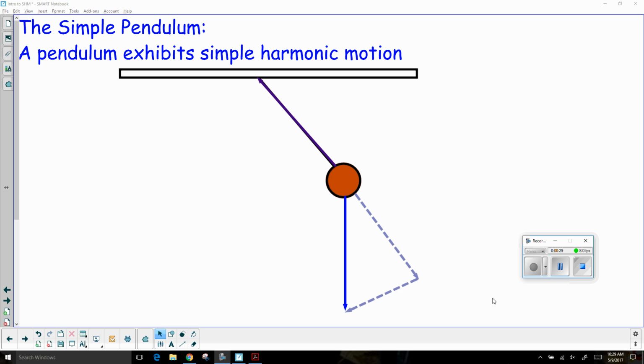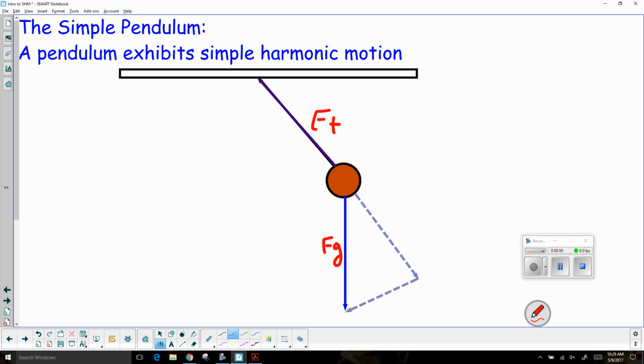But here we go. What you see here is a free body diagram for a simple pendulum. And let's label some of these force vectors. Here's tension force. Here is the force of gravity of the pendulum bob moving straight down.